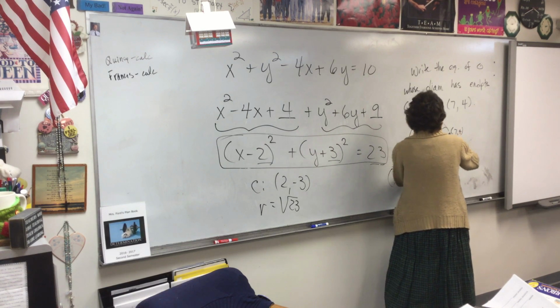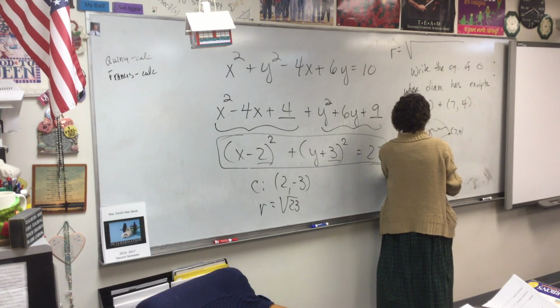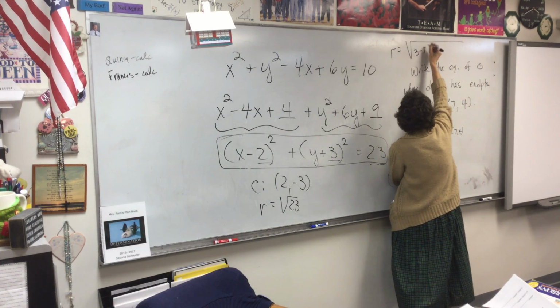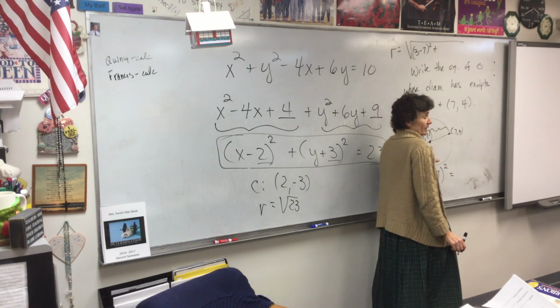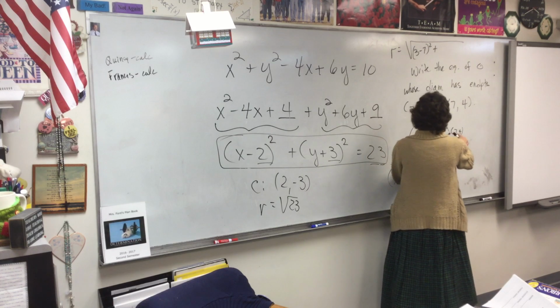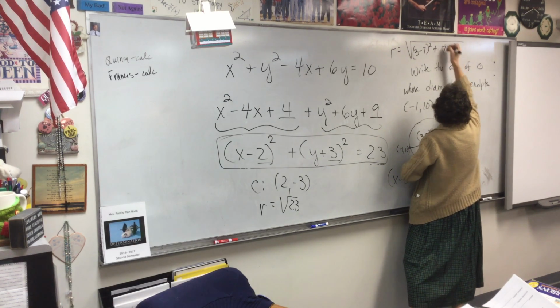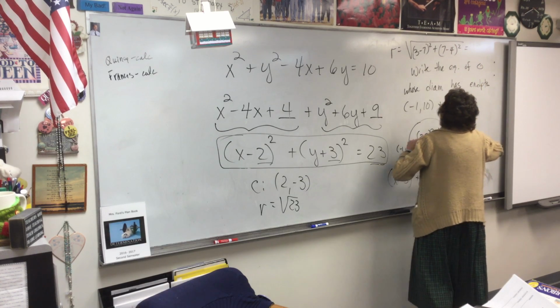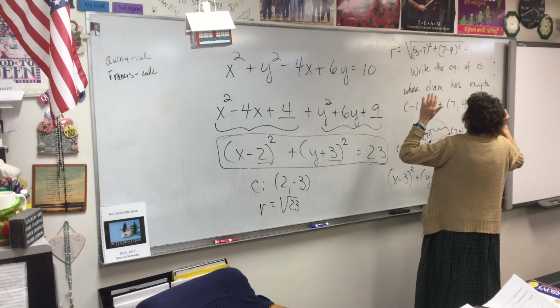I'm going to use these two. So my radius is going to be the square root of 3 minus 7 squared. Oh yeah, if you thought you could forget the distance formula, you can't. You can't forget anything. You just have to remember it all. 3 minus 7 squared plus 7 minus 4 squared. Okay, so here, oh, I can't even believe this. I'm going to buy a lottery ticket.